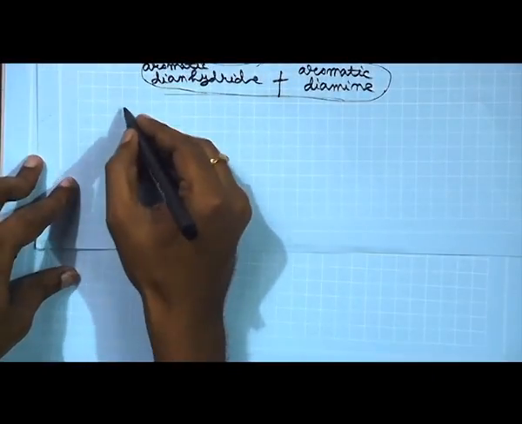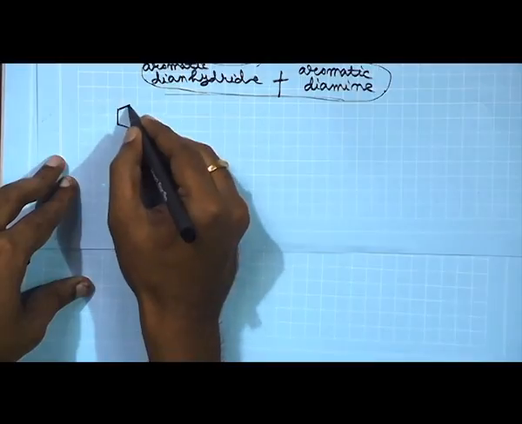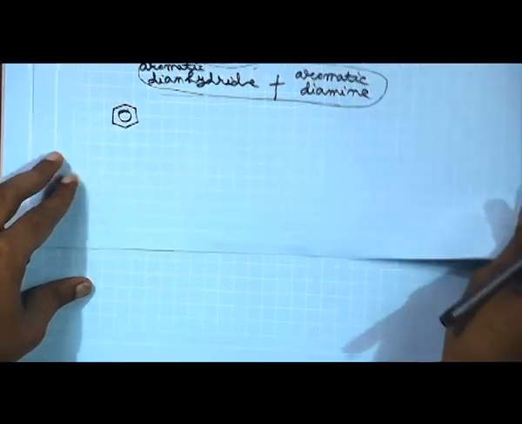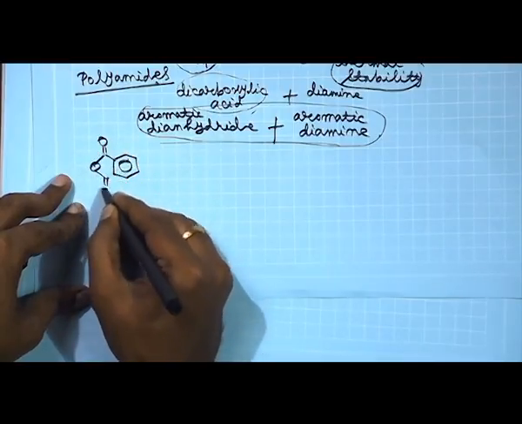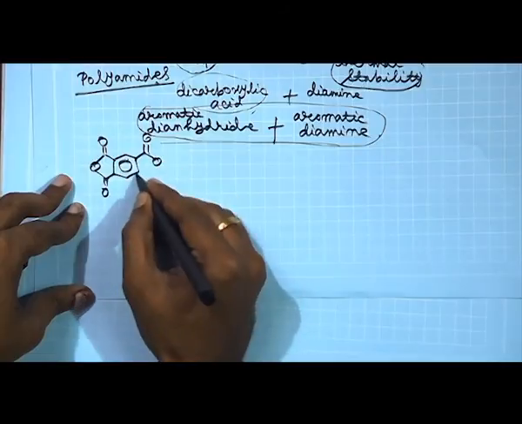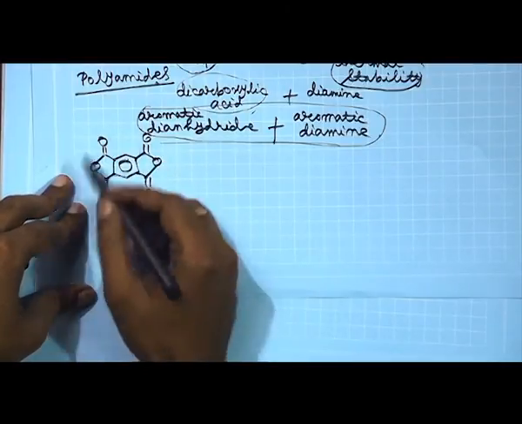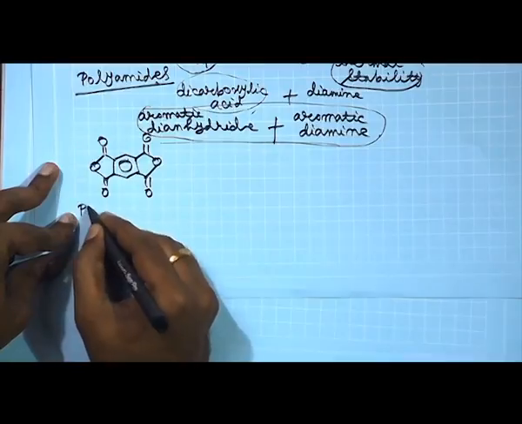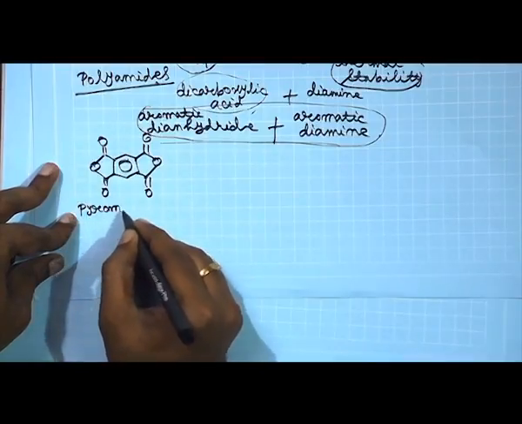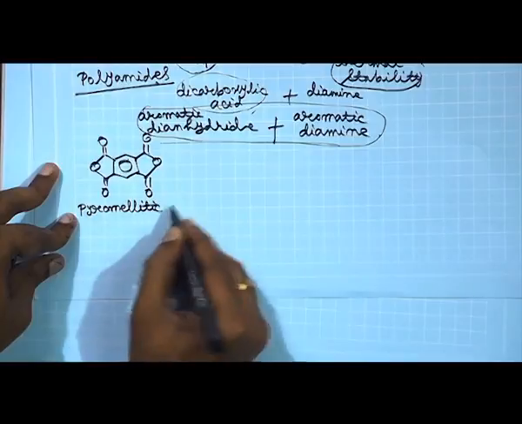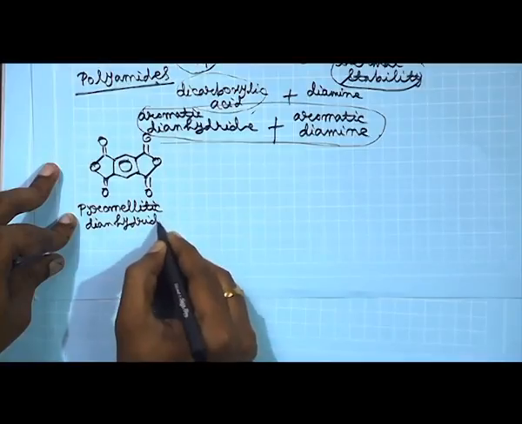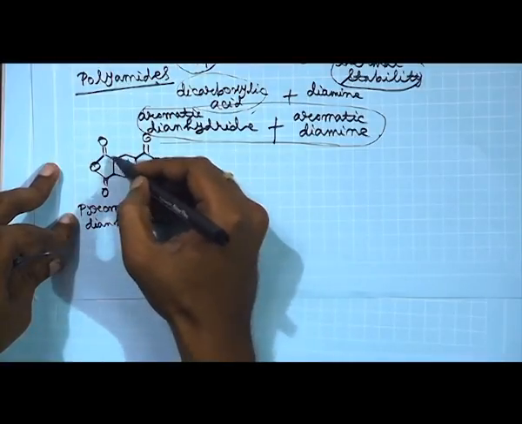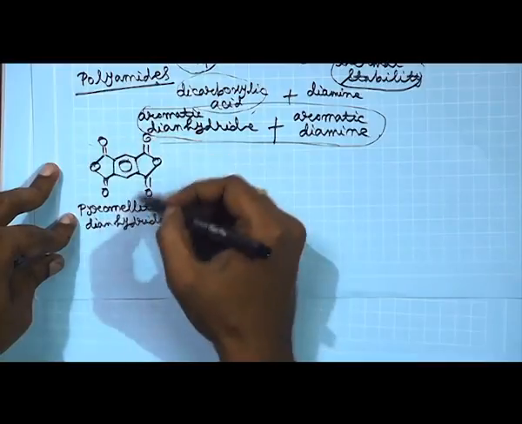So, let us take an example here. Let us take an aromatic dianhydride, which is something like this. This is called pyromellitic dianhydride, because the corresponding acid, which is CO2H, CO2H, CO2H, CO2H, is pyromellitic acid.